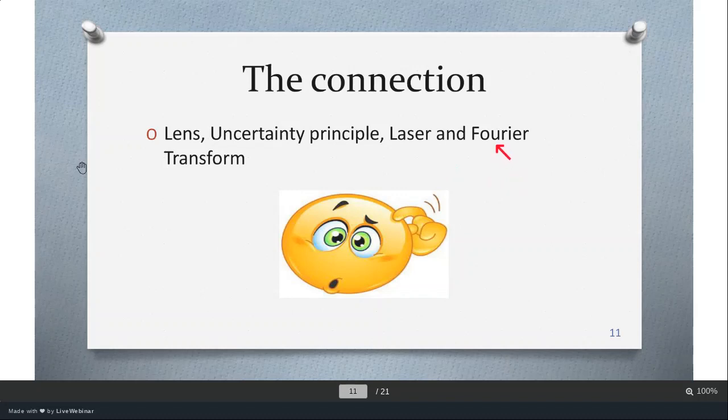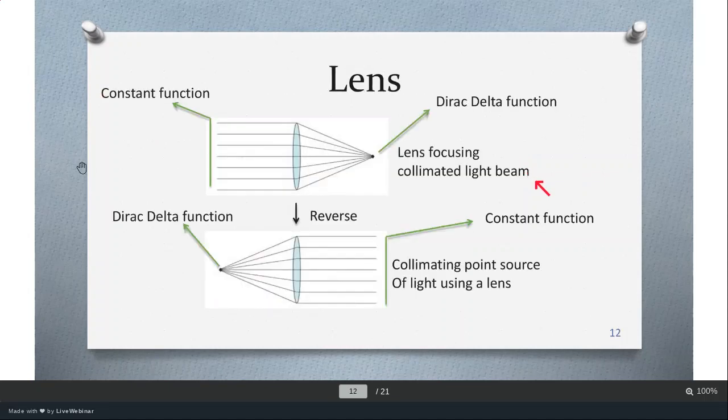Students will get more confused about why we are learning all these things: what is the connection between the Fourier transform and the uncertainty principle, the laser and the lens. But there is a connection, and when they understand it, they will appreciate Fourier optics more. So let us do that.